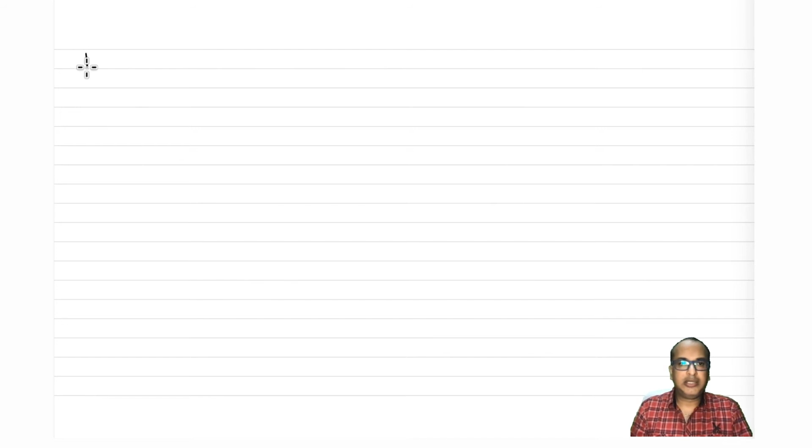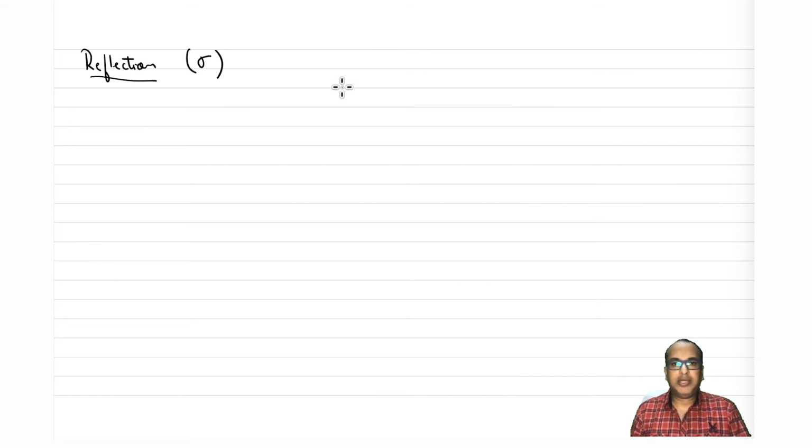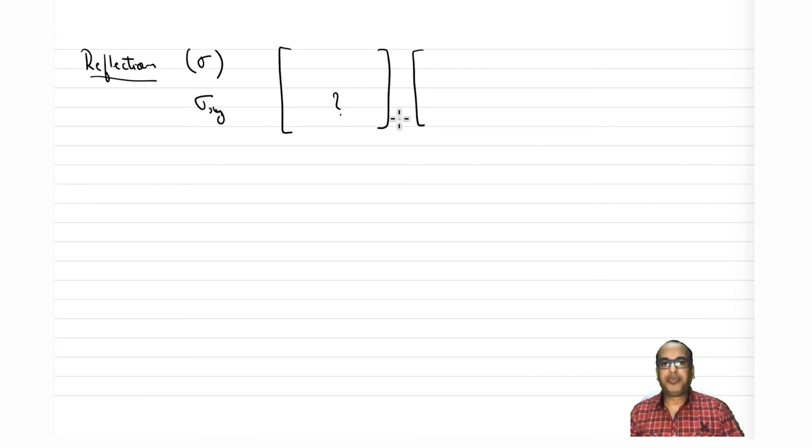So let us look at other symmetry operations. Next in line, let's start with the easier ones first, and then we will move to the complex ones. So for reflection, let's say sigma. Okay, so again, let's write down the unknown as a question mark. Let's consider this as sigma xy maybe. We have to consider one plane, so you can consider any plane.